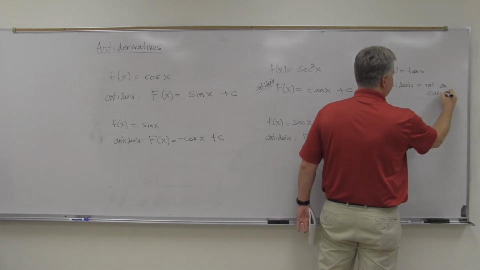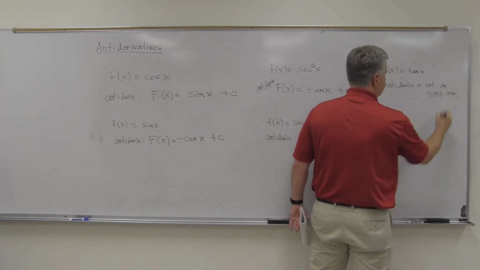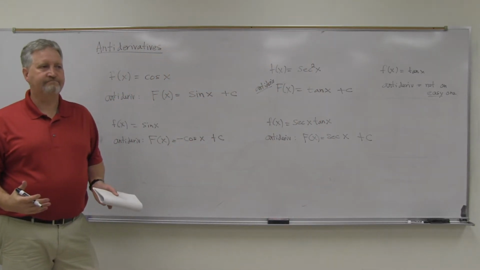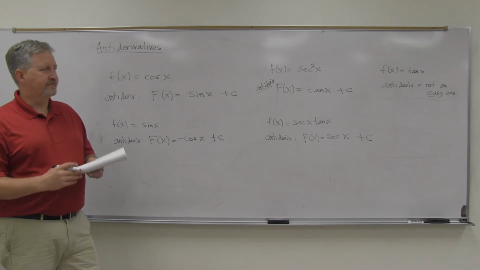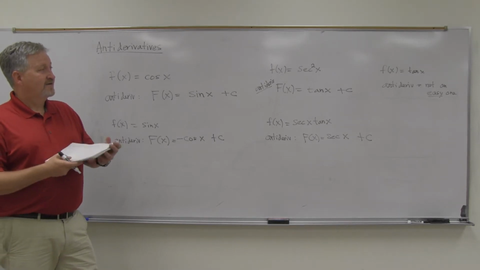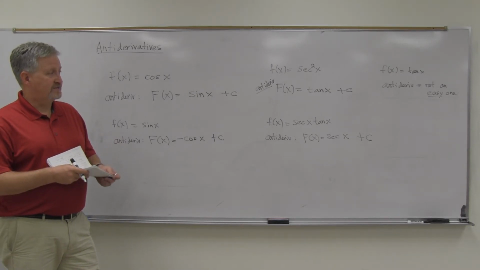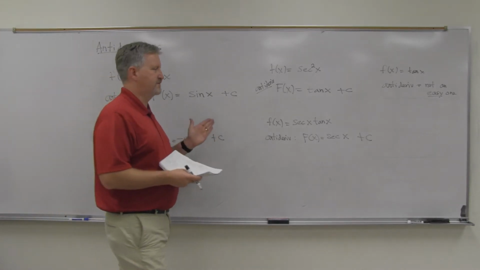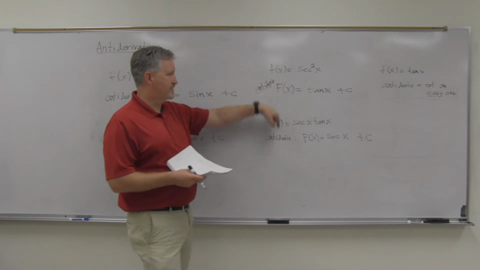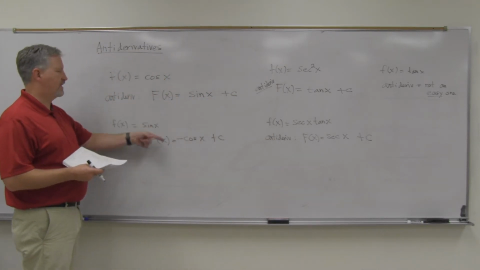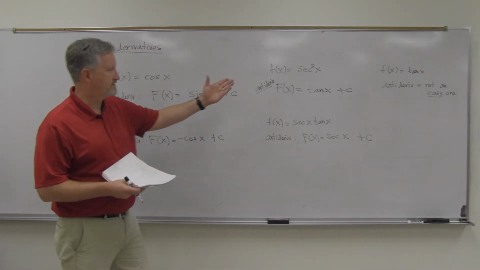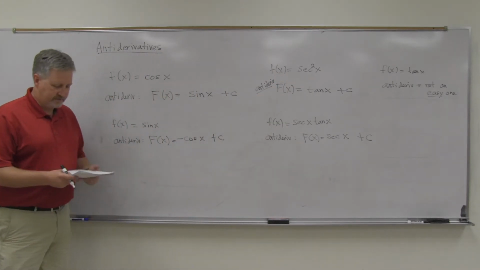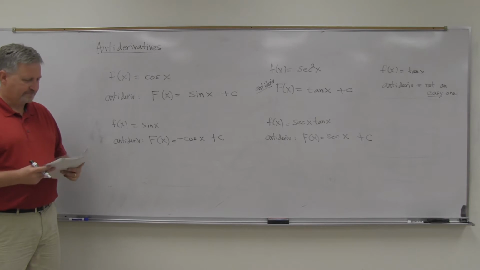There is one, but there's not an easy antiderivative of that. So those are the things you look at for those trig functions. The nice ones, cosine and sine, are probably the main ones we'll talk about. Secant x, secant squared x, and these others come up occasionally, but just be aware.